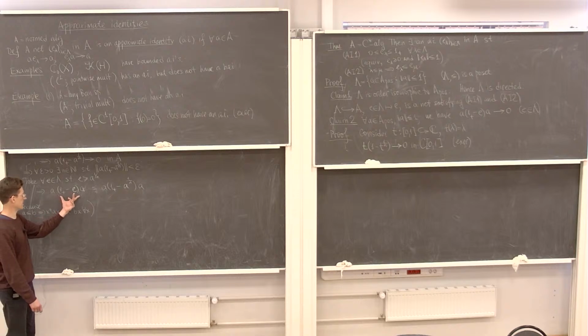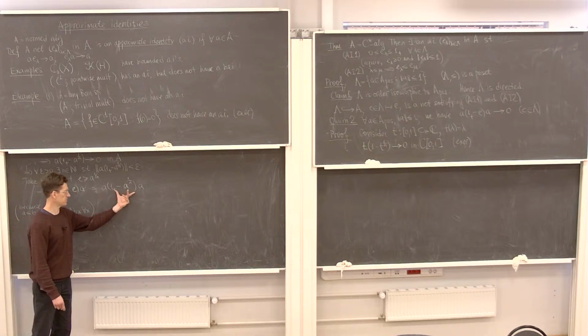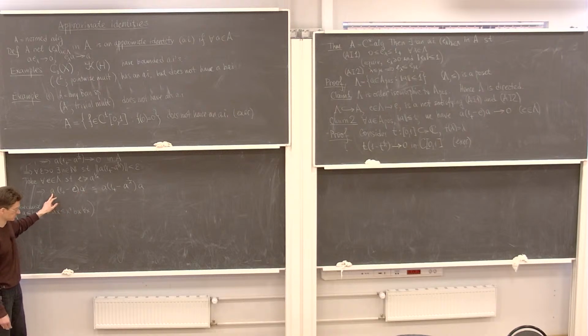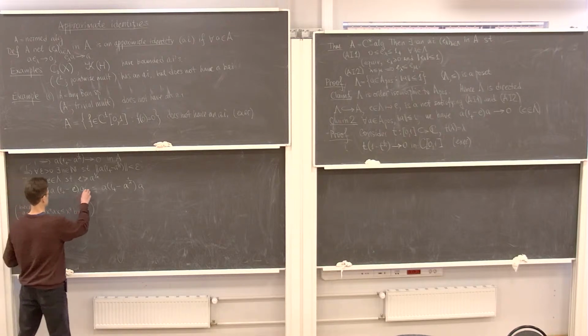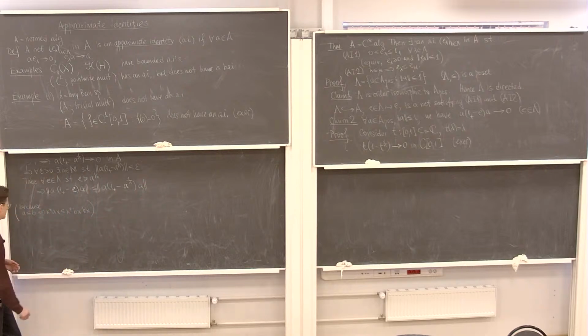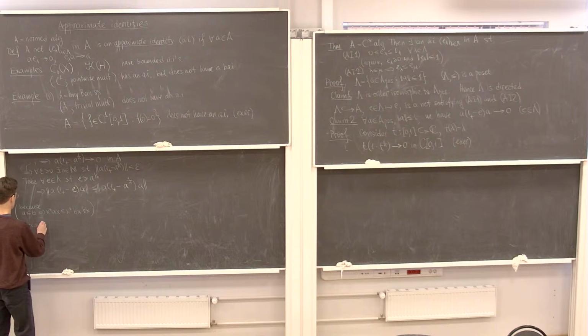So this expression in brackets is less than or equal to this one, and we multiply by A on both sides. A is self-adjoint because it is positive, and so we have this inequality. And therefore, the norm of this element is less than or equal to the norm of this element, because the norm is a monotone function.